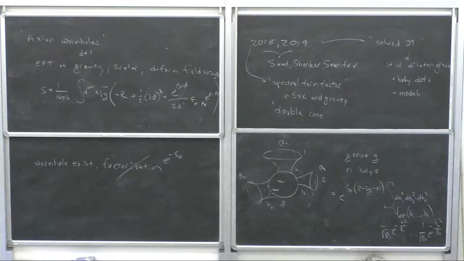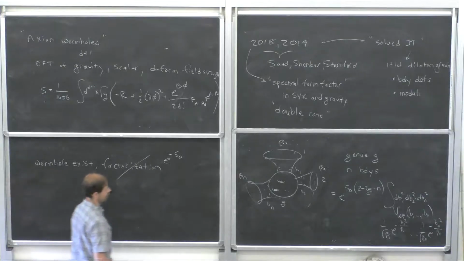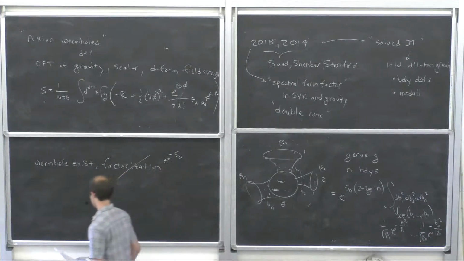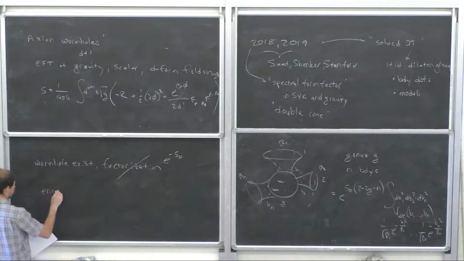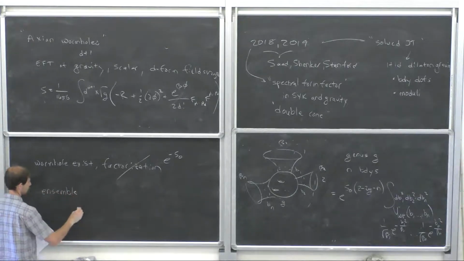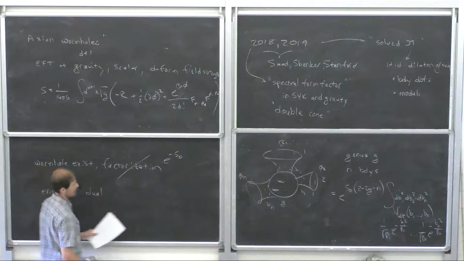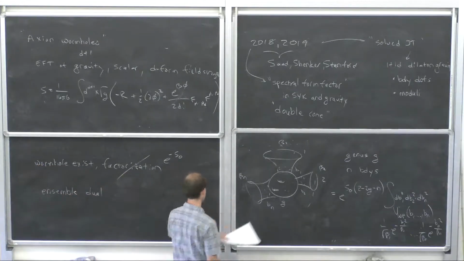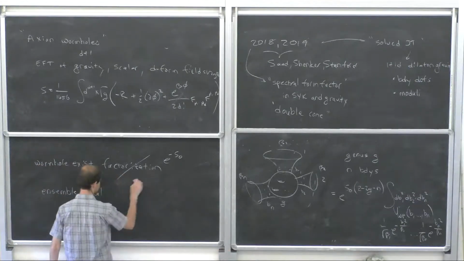You would expect it to have a dual description. It does. What is the dual description? It's an ensemble of random Hamiltonians, where there's an ensemble dual, a statistical average. And what is the multi-boundary problem dual to?